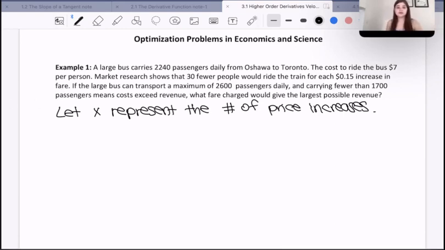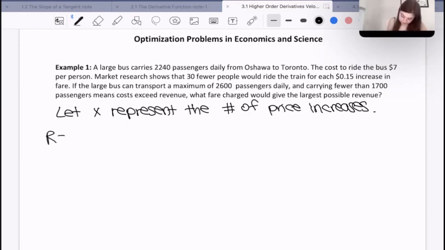So, what are we trying to optimize here? Well, we're trying to optimize the revenue. It says what fare should be charged to give the largest possible revenue. Revenue is basically the money that the bus system makes for this journey. So, how much do they make?